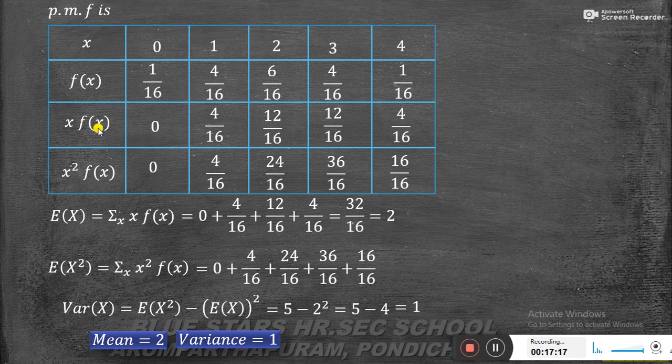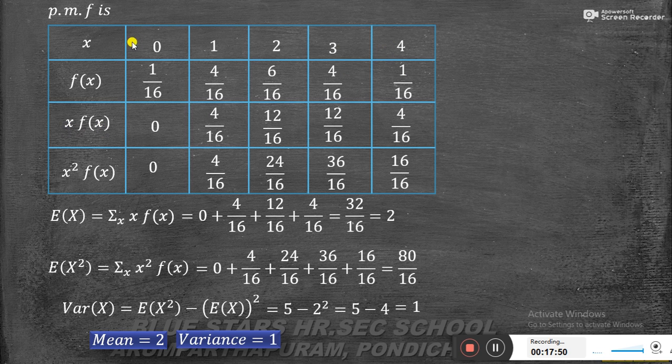So in the previous steps we calculated the probability of x equal to 0 as 1 by 16, x equal to 1 as 4 by 16, x equal to 2 as 6 by 16, x equal to 3 as 4 by 16, and x equal to 4 as 1 by 16.